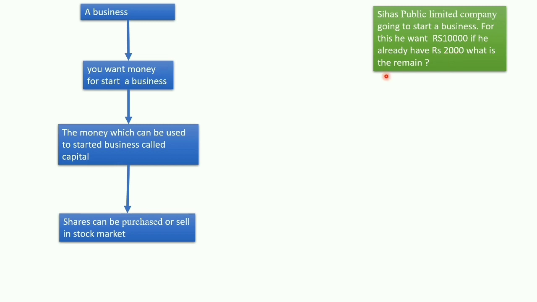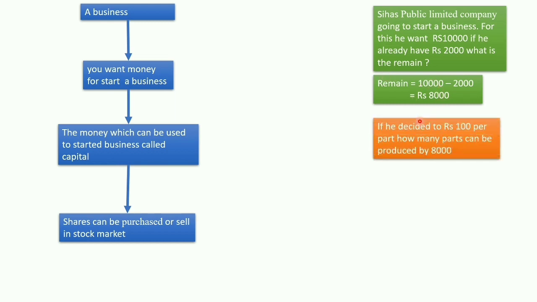It is a very easy, scholarship type question. Grade 5 students also can solve a question like this. He wants 10,000 but he already has 2,000. What is the remaining part? 10,000 minus 2,000, it is 8,000 rupees.